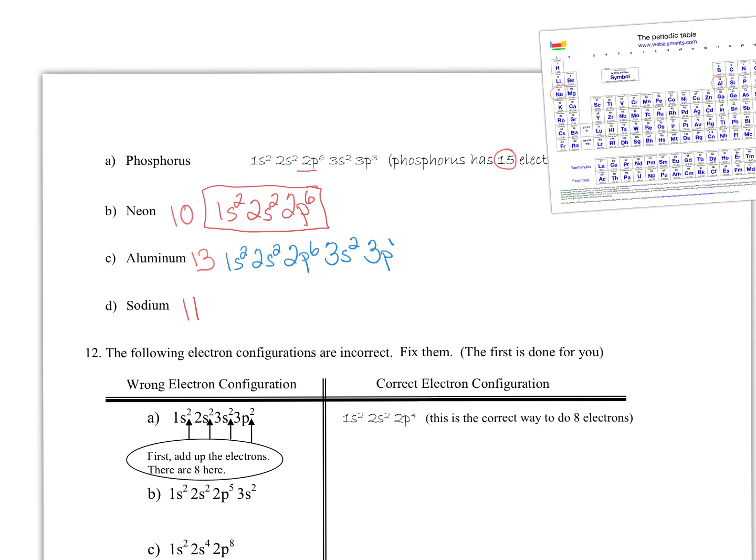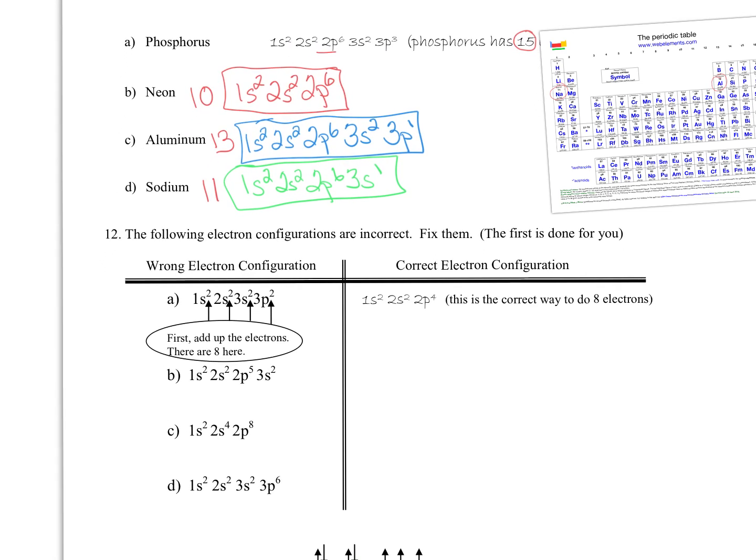This is the electron configuration for aluminum. The next one is sodium. Once again, just follow what you already have: 1s2, 2s2, 2p6, that's 10. Then 3s with just 1 more, so that would be 11. This is the electron configuration for sodium.